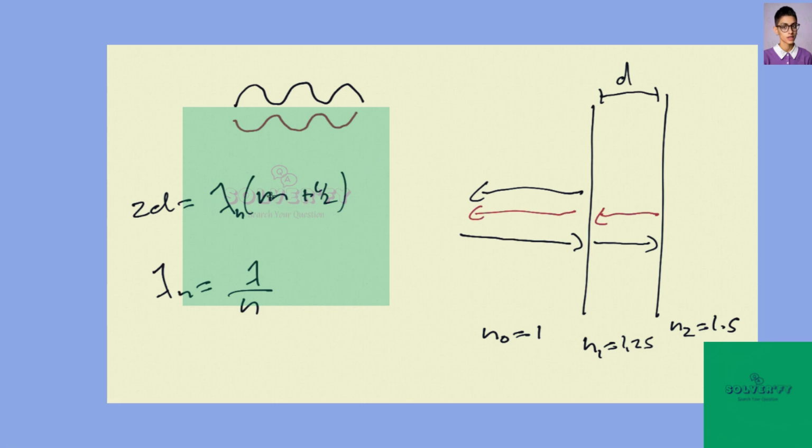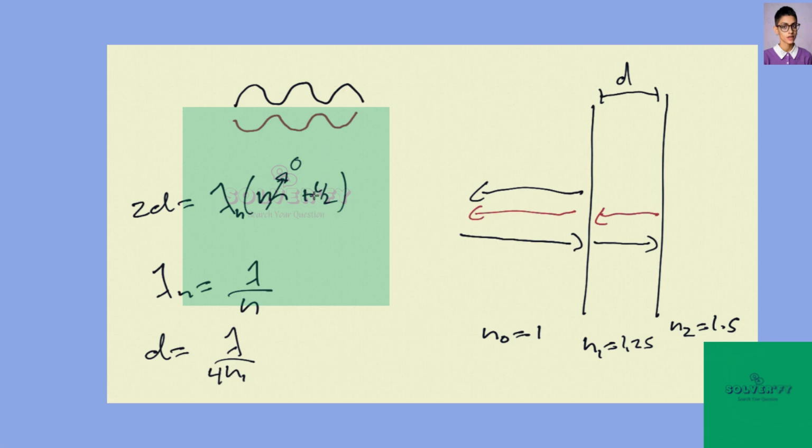Now they want the minimum distance, which means we can set m to 0. So we only have this 1/2 here. So solving for D, we have that D will equal lambda n, which is lambda over n1, divided by 4, right?